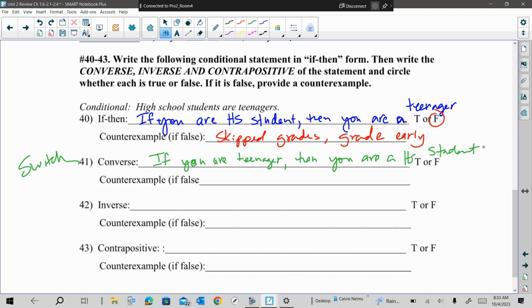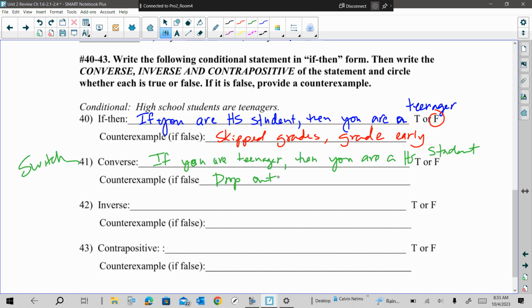And we could say false, yes. What would be our counterexample? Drop out, okay. I mean, that's kind of cold, but yeah, that could happen. All right. So just make sure if you say false, you have to give a counterexample.